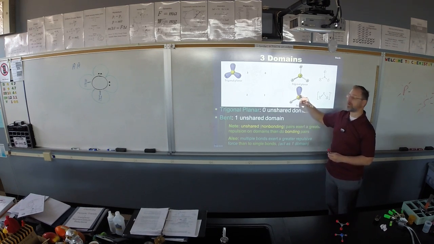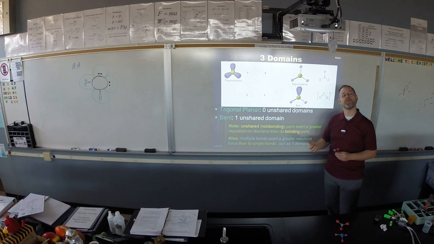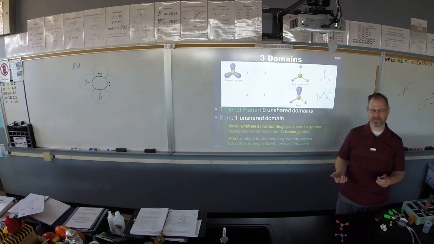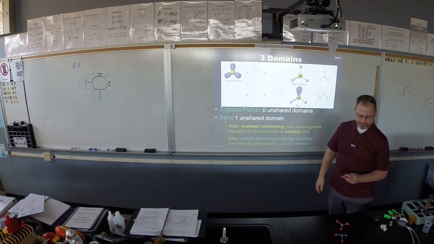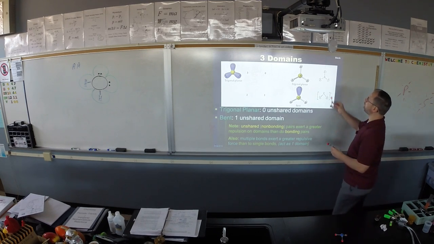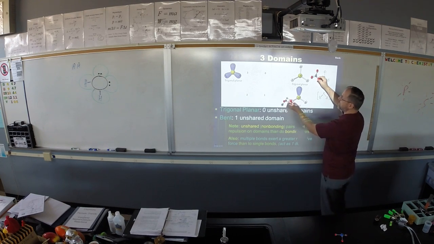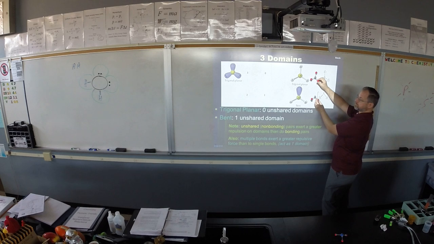They are repelling the bonding domains, but we don't show them in the molecule. Does that idea make sense? A little bit? Maybe? Okay. So if all of them are bonding, your molecular geometry is going to be trigonal planar. If one of them is unshared, your molecular geometry is going to be bent. Like a boomerang.